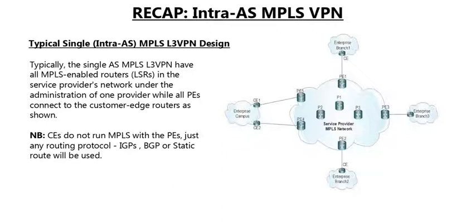In other words, they all operate within an autonomous system. In an intra-AS MPLS VPN, there is only one service provider that is operating in the space of service provision. Hence, there is no inter-AS communication. That is, everything is done within a service provider's network.